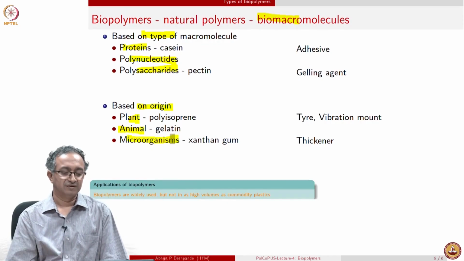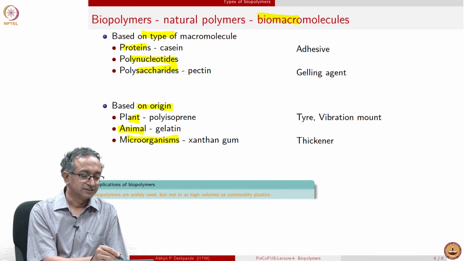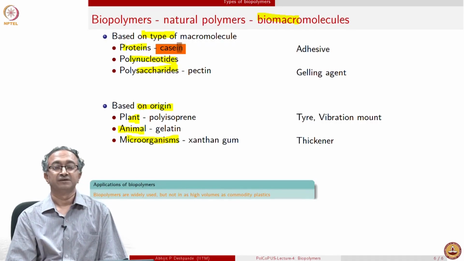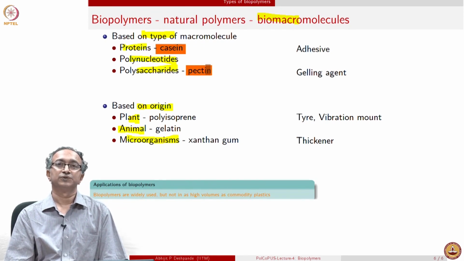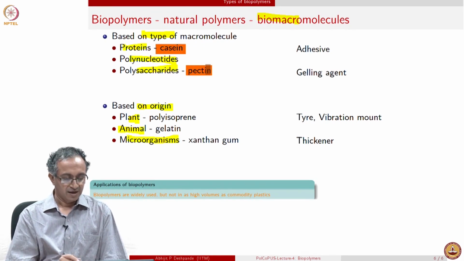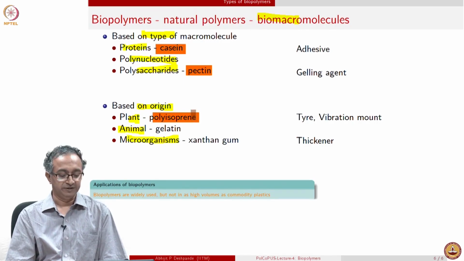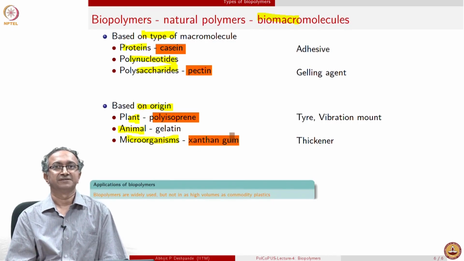And so, here what I have done is given just a couple of examples of these biopolymers. Casein is a protein which comes from milk, and pectin is there in a variety of fruits and vegetables. This is from the rubber tree, polyisoprene or natural rubber, and xanthan gum is made by a bacteria.